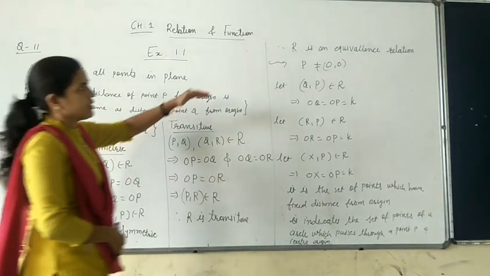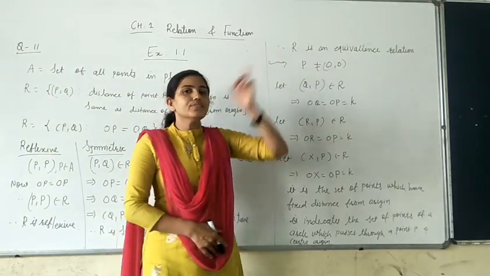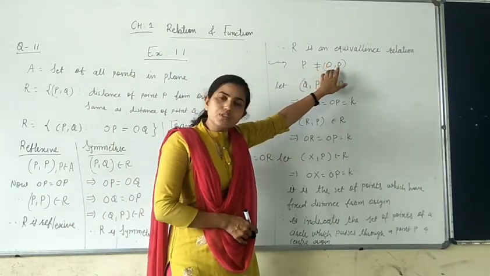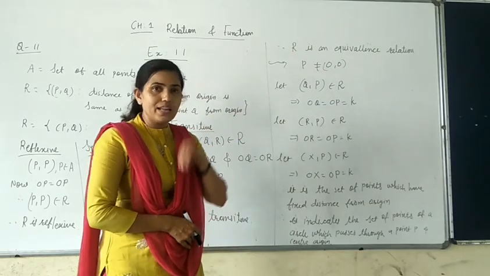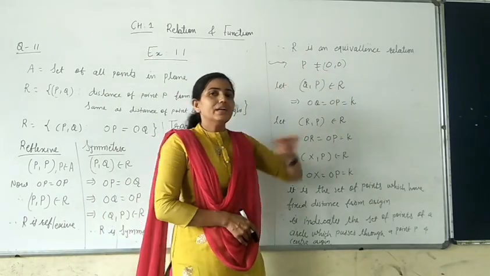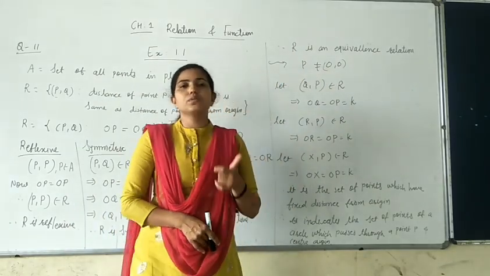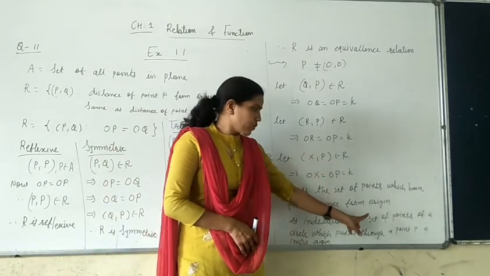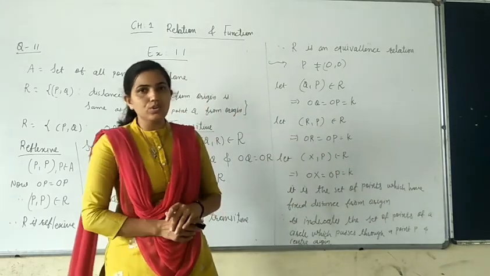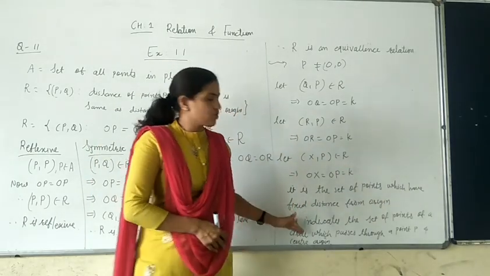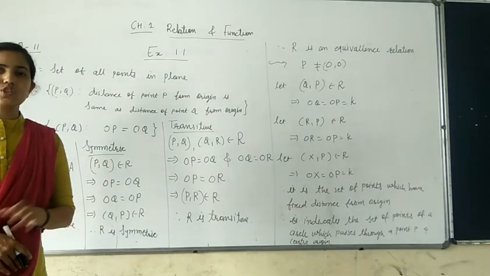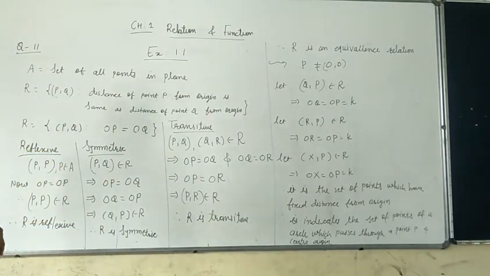As we have shown it is an equivalence relation, they further ask that for any point P which is not equal to the origin, if we take any point which is related to P, that will indicate the set of points on the circle which passes through the point P and has its center at the origin. So this is the definition of the second part. With this, we are completing question number 11. So we will see the next question now.